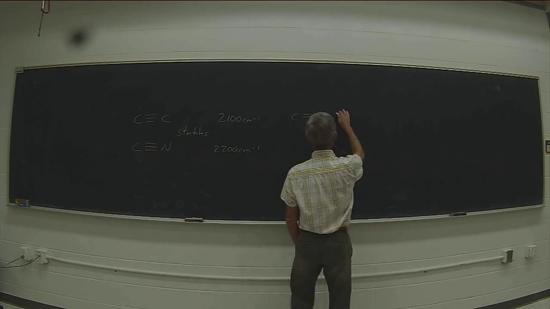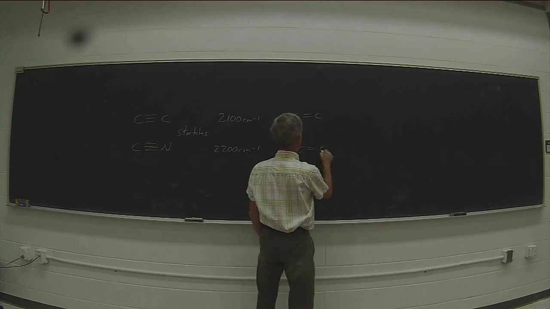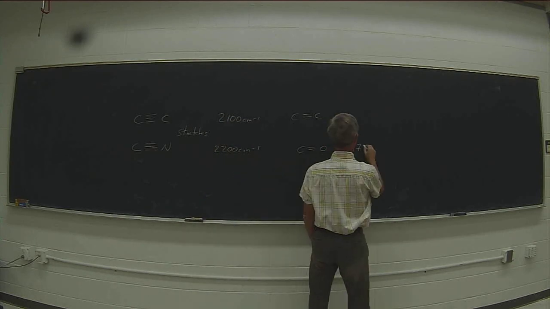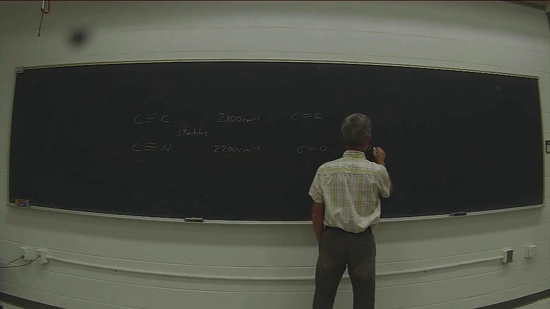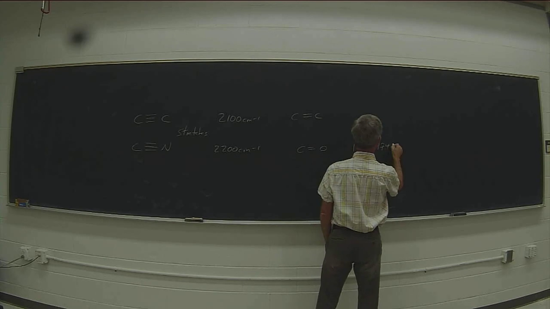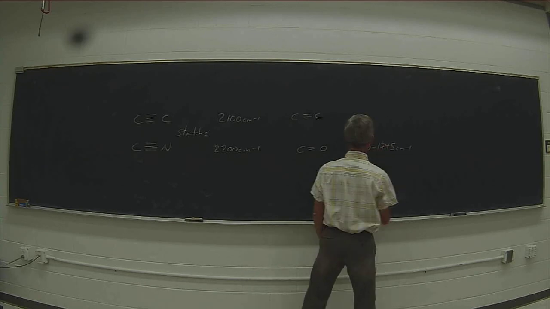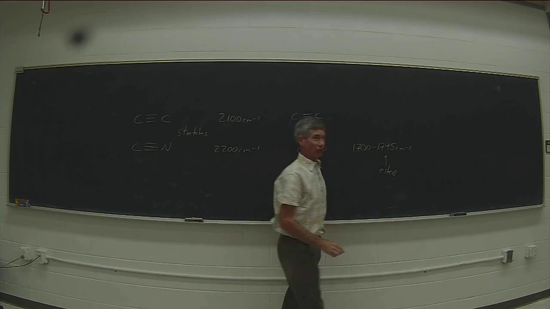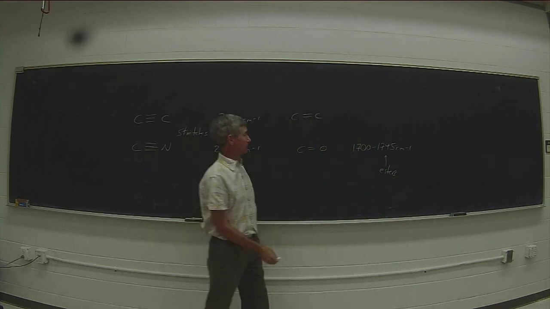Carbon-oxygen double bonds show up at around 1700, 1745, the high end of that region.